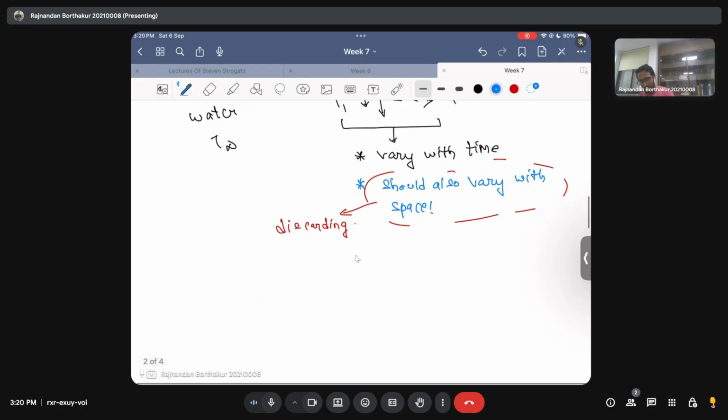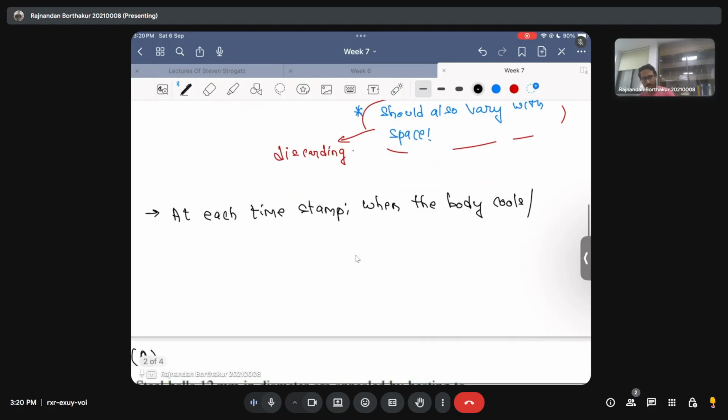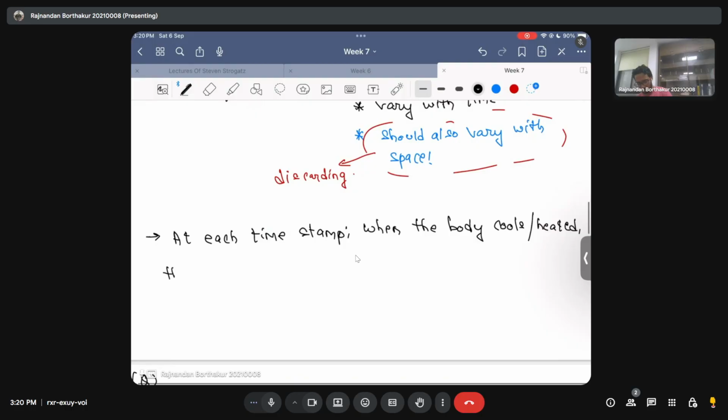So I'll write it down that at each time stamp, when the body cools, or it can be heated as well, so the other way is also possible, the temperature profile is spatially uniform.